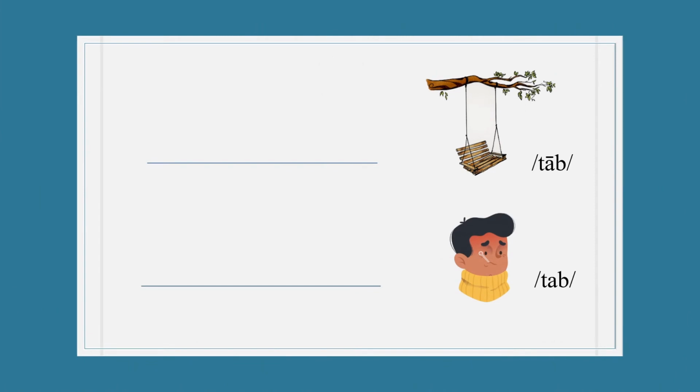And here comes the examples. Top, top swing. So te in the beginning, then a in the middle, ta, and then comes b at the end. Top. Why a and b are not connected together? Because a cannot be connected to other letters from the left side.